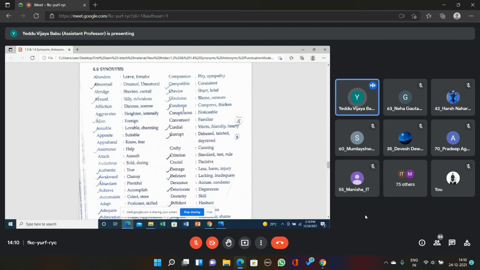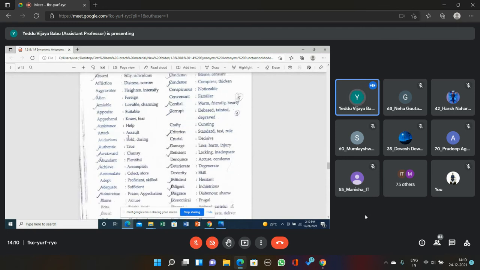things. So synonyms, for example, you look at the word, I'm moving my cursor here, apprehend. For the word apprehend, synonyms are given here, the meaning is given here: fear, or a kind of getting familiar, like knowing.